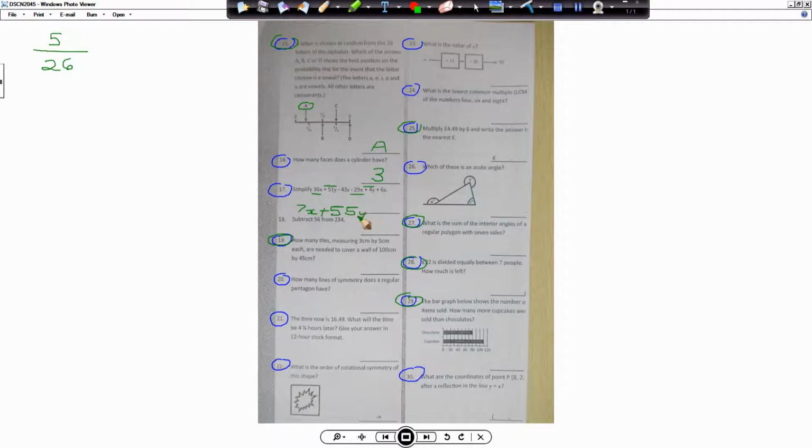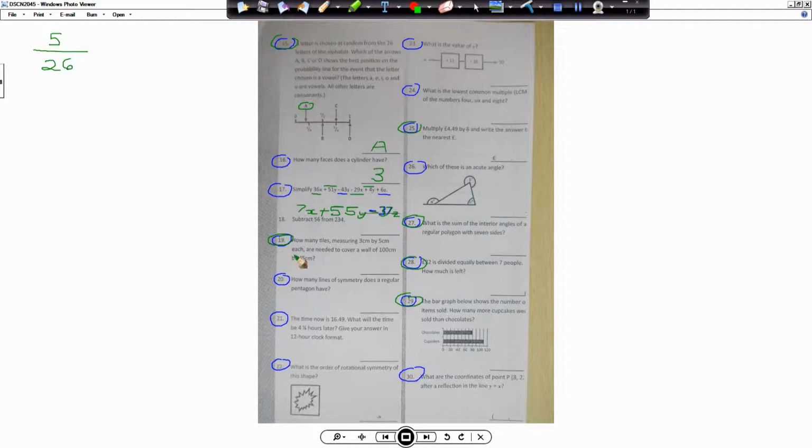I'm asking questions, answer the question. So we have minus 43z and plus 6z. If we add them together, what do we get? Minus 37z. So the answer is 7x plus 55y minus 37z. That's number 17 done.